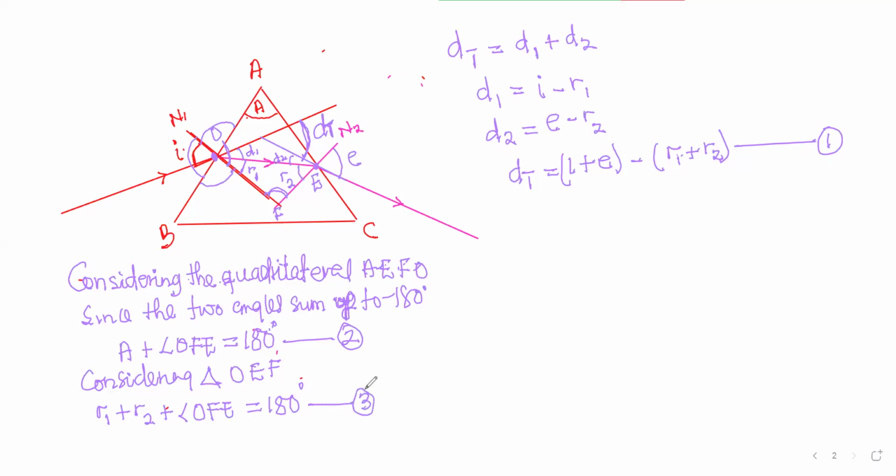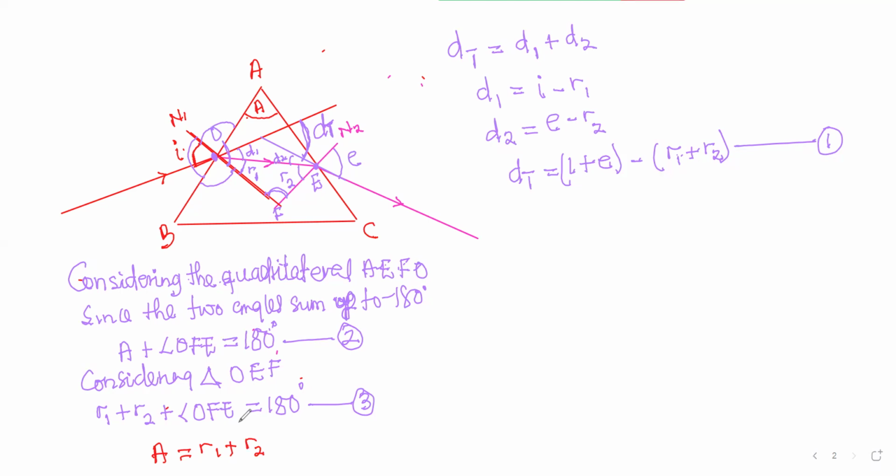Equation 3. Make angle OFE the subject in equation 2 and substitute it into equation 3. When you do that, you realize that the refracting angle of the prism A is equal to R1 plus R2. That is when you substitute equation 2 into equation 3.